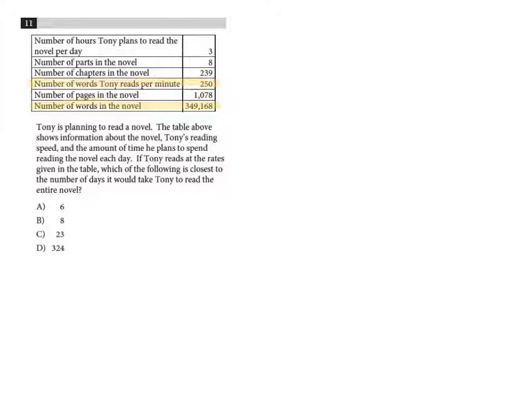We just need to know how many words and the rate that he reads those words. Okay, so I'm just going to take the number of words and divide it by the number of words he reads per minute. This is going to tell me how many minutes it's going to take him to read the novel.